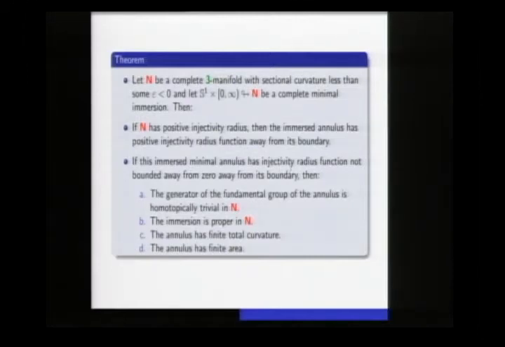If this is saying the injectivity radius function is bounded away from 0, in this case I'm assuming it's not bounded away from 0. So automatically, by the first item, N cannot have positive injectivity radius. If it did, then the annulus would also have positive injectivity radius, at least away from its boundary.